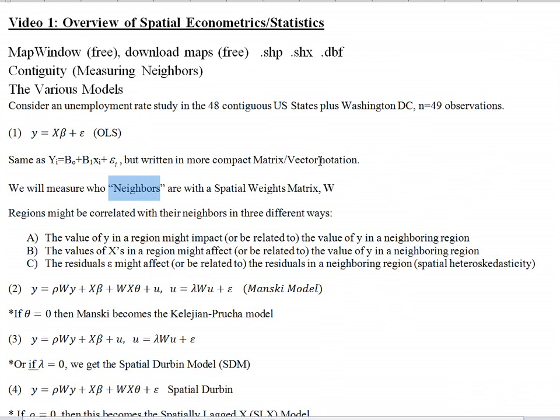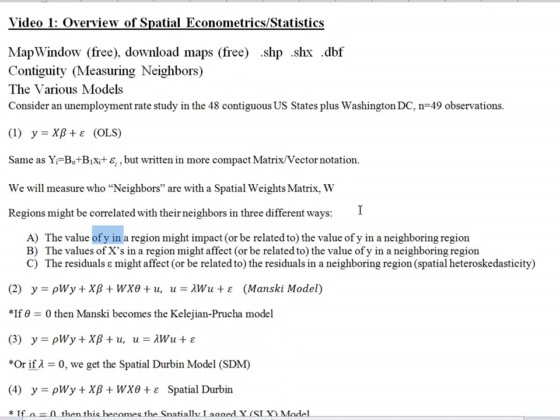How might our unemployment rate in North Carolina be related to what's going on in neighboring states? Three ways. First, the value of Y, the unemployment rate itself, might impact or be related to the value of Y in neighboring regions. So the unemployment rate in Virginia, South Carolina, Tennessee, and Georgia might somehow be related to, or cause, but it doesn't have to directly cause, it just might be related in some other way, to the unemployment rate in other states.